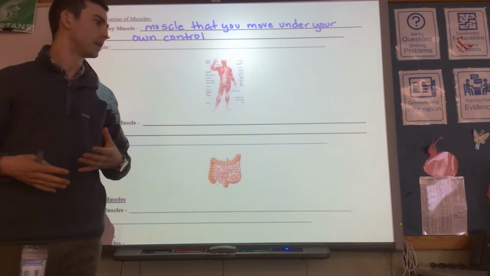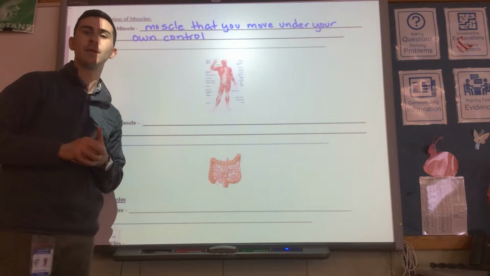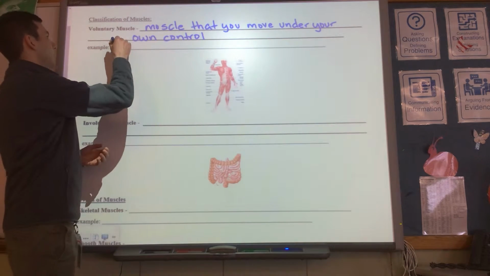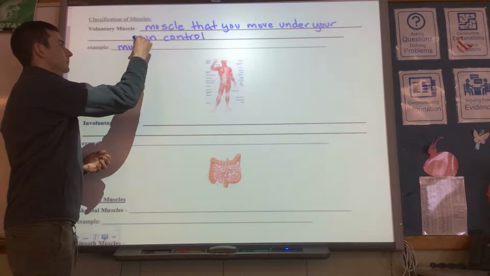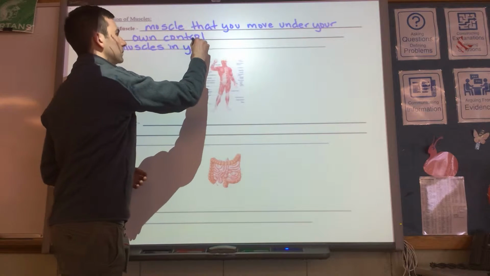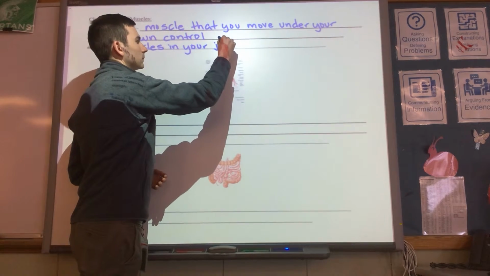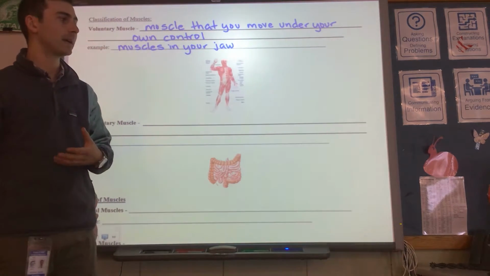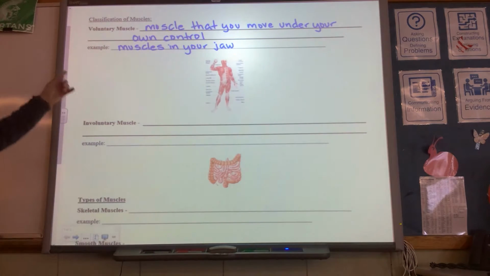These are things that you can control, or different muscles in your body that you actually have control over, like the muscles in your jaw. So we, on command, can open and close our jaw. Voluntary muscles are, again, muscles that you can control.